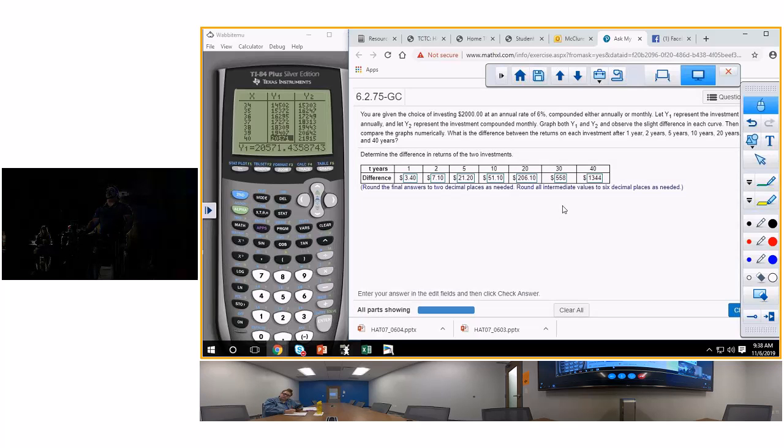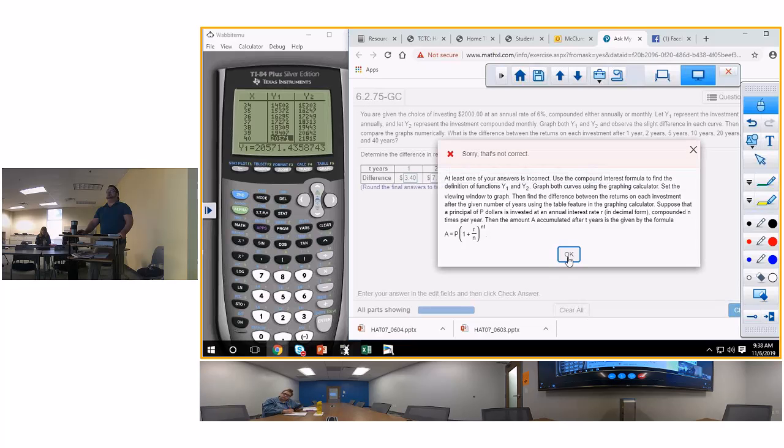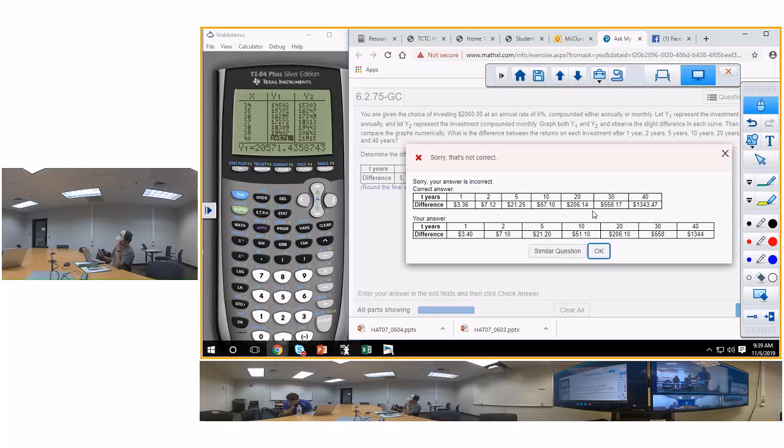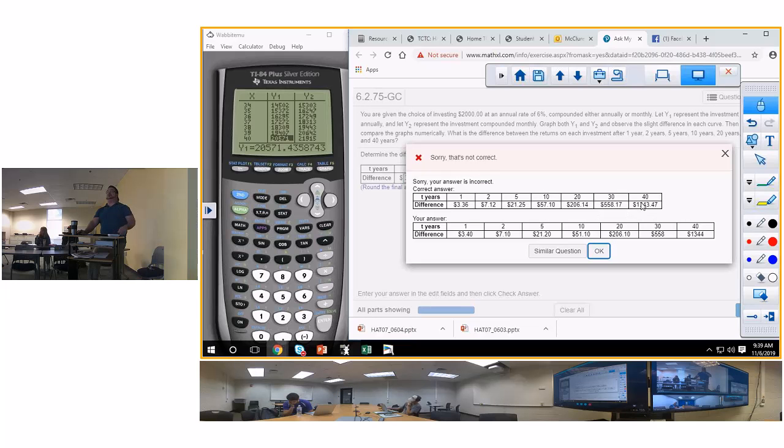They probably don't like those last three because it rounded up. I'm not going to worry about that. Let's see what the answers were. Yeah, we didn't round. We rounded the last two. So you'll have to change. How do you change that? Go to Window. Go to Second. Where is it? Where is Window?